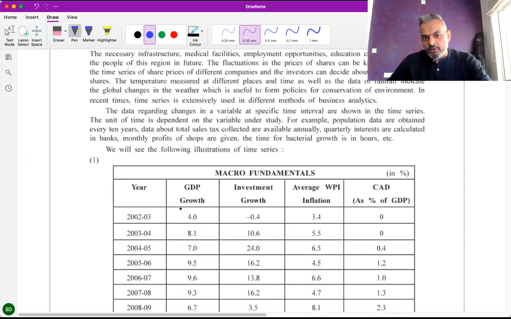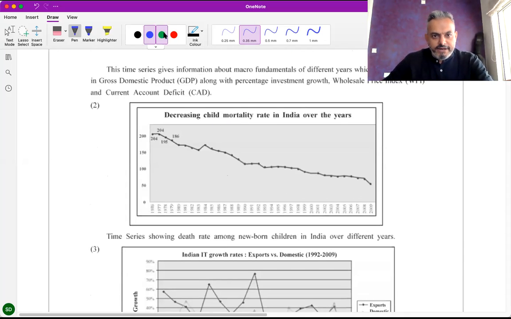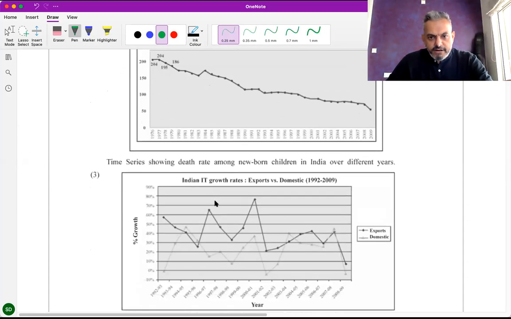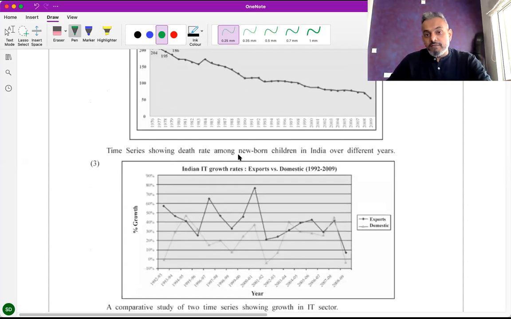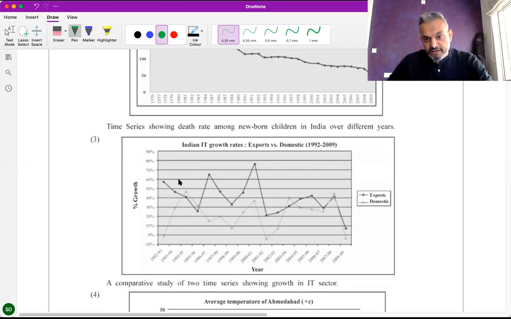These are some macro fundamentals, and you can see the child mortality rate in India. Obviously, it is going to decline because medical facilities and infrastructure are really doing good in our country. Then the death rate amongst newborn children in India over different years. You can see how the graph is moving.